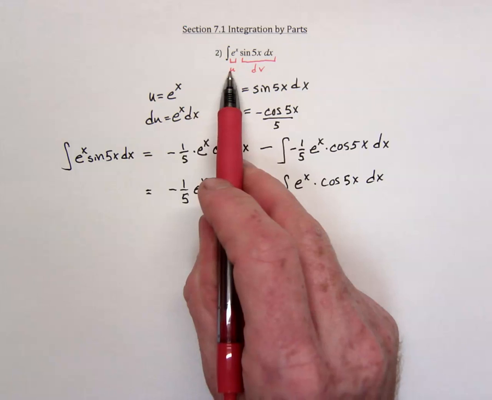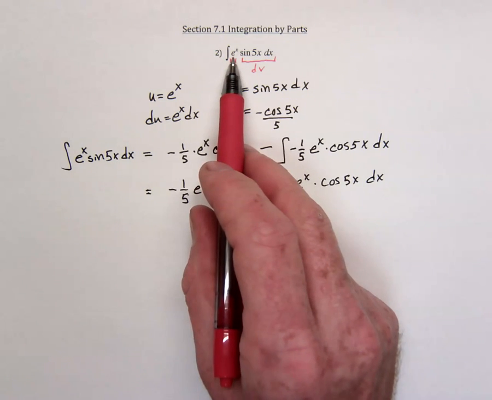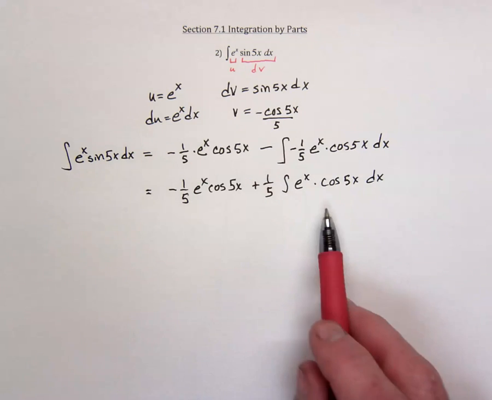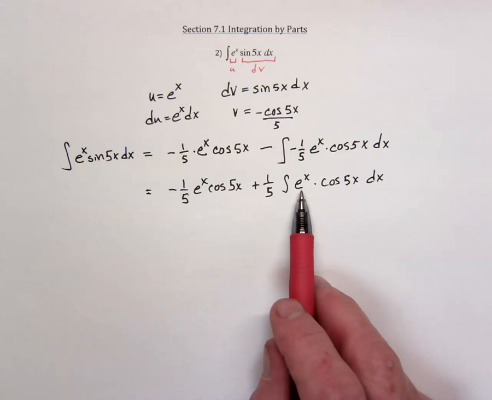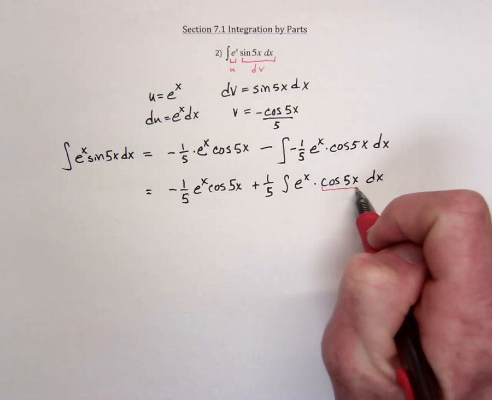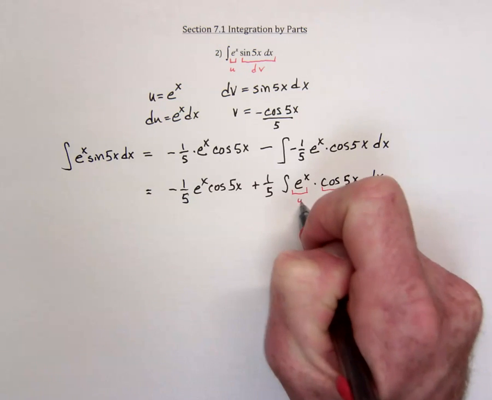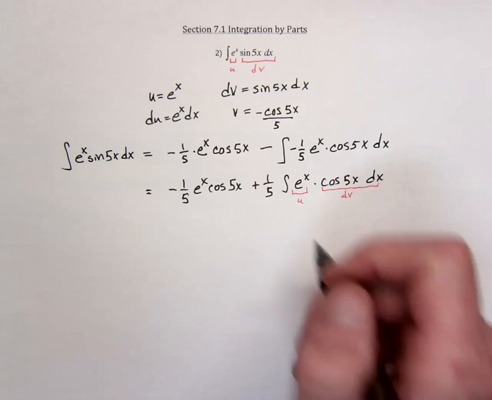I let u equal the transcendental function, in other words this e function, so I should be consistent and let u be the transcendental function again, while dv is equal to the trig function. So this is going to be dv, here's the u, and repeat the process.